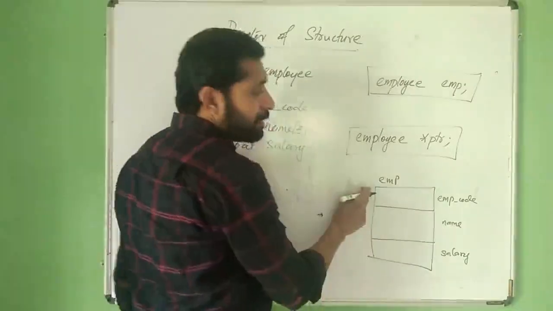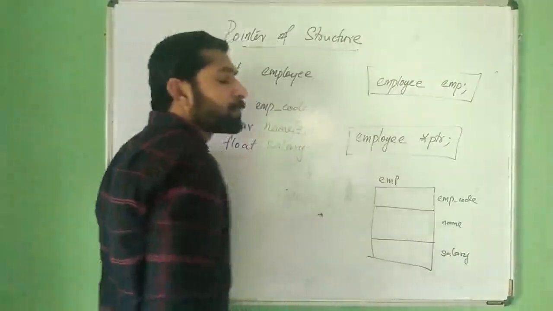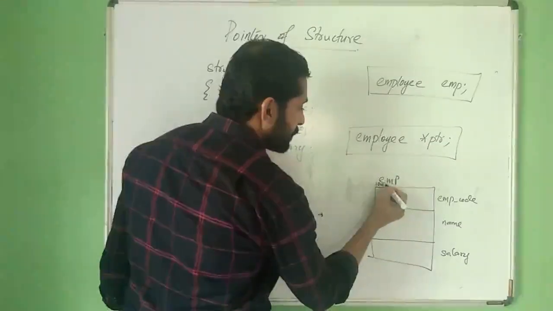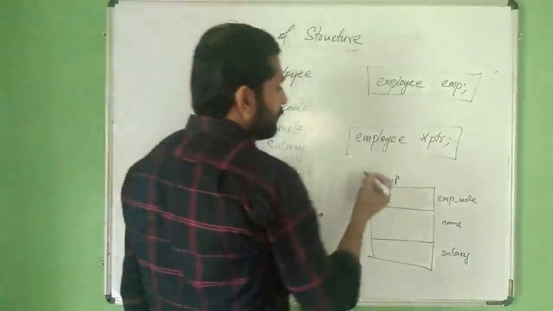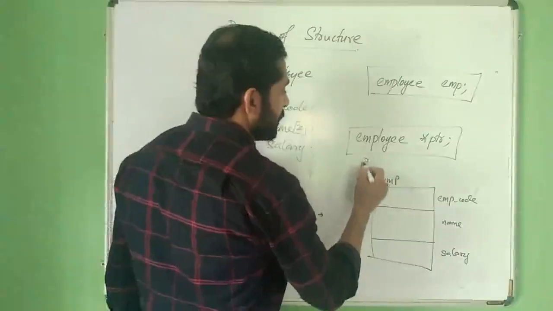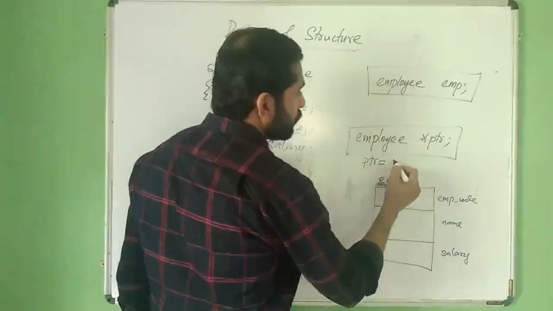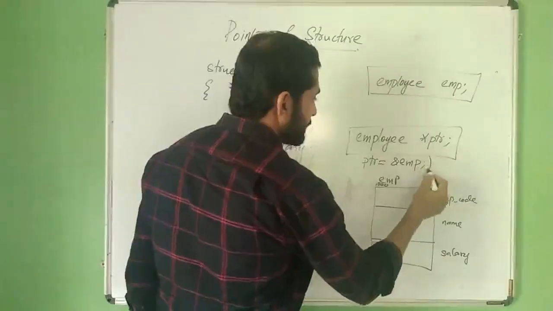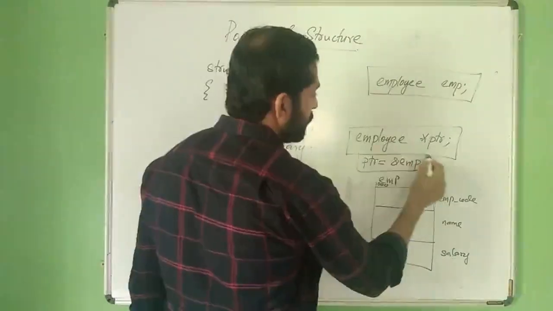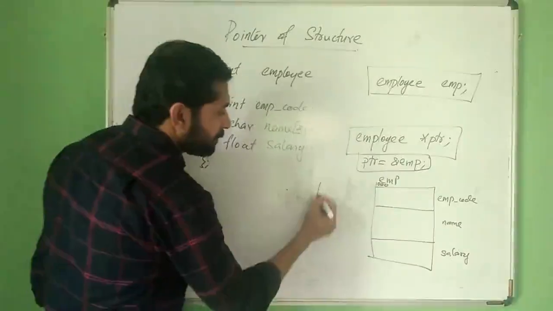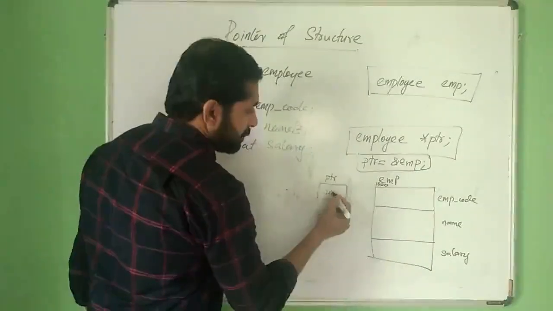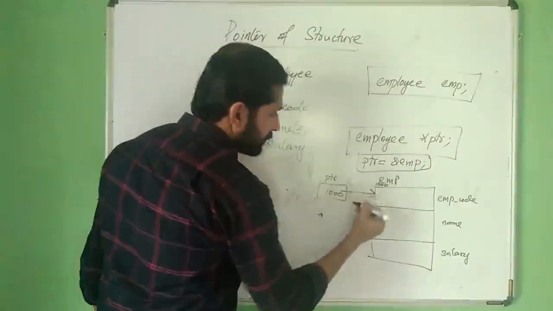Now suppose the starting address of this entire emp structure is 1000. And we are writing a statement like this, ptr equal to ampersand emp. What happens? Here we have ptr, this contains 1000, so this points to this.